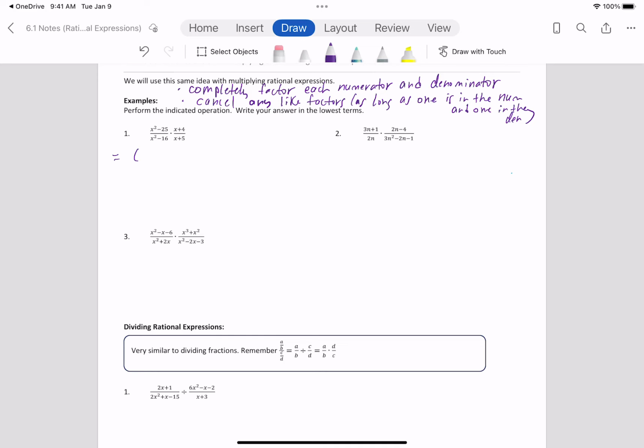So I can write that as x minus 5, x plus 5. And in the denominator, x squared minus 16 is also a difference of squares. So I can write that x minus 4, x plus 4. And then luckily the second fraction, everything is already in lowest terms.